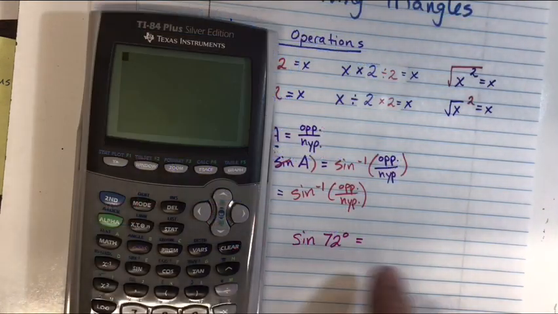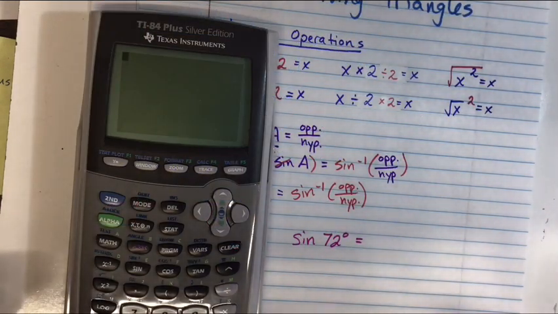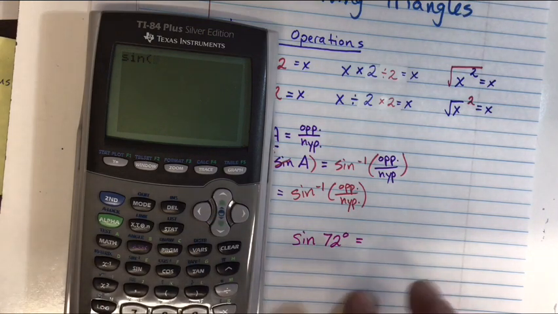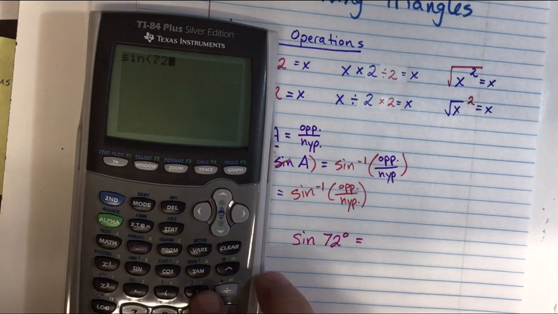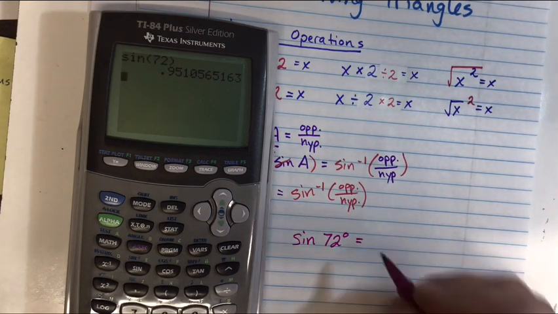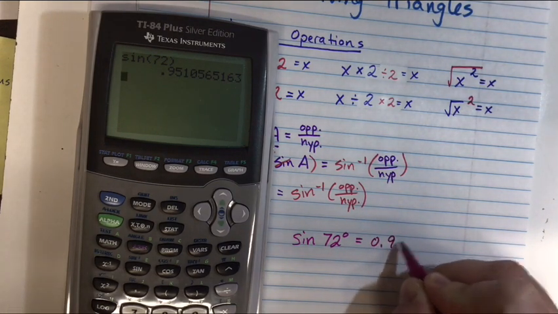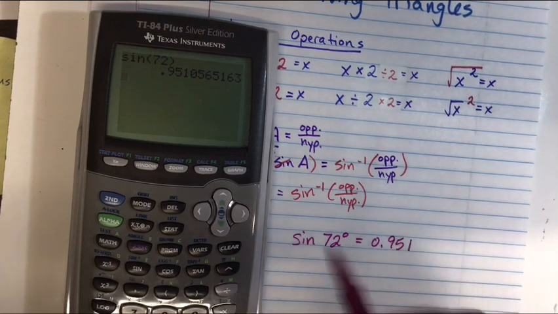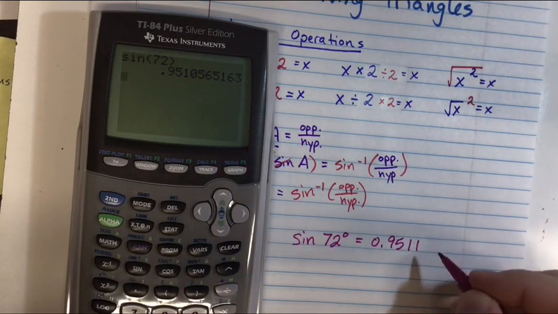Okay, remember we can just type that into the calculator and we'll get a decimal value. So I'm going to hit sine and then I'm going to type in my 72. If you hit equals now or enter, that would give you the answer. I like to close the parentheses. It really doesn't make a huge difference. But that gives us about 0.951, and if I rounded to that next place, it'd be a 1. Okay?